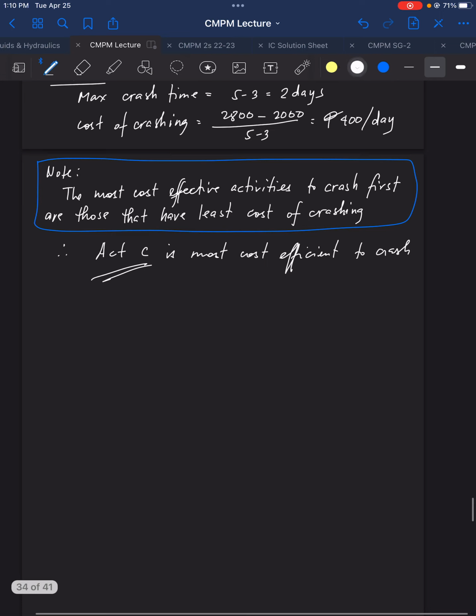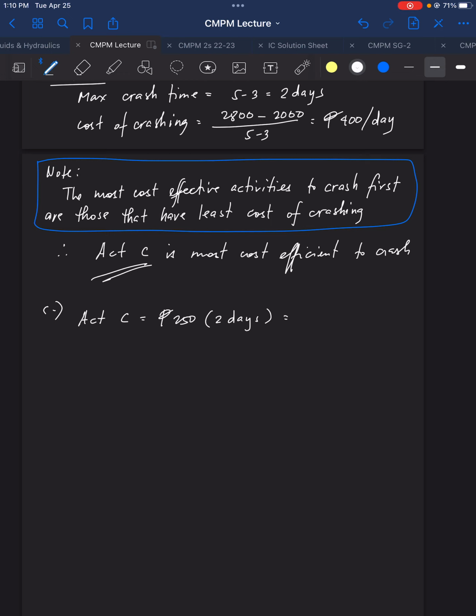So we will have here letter C, the cost to accelerate duration. Activity C is to be crashed first. So that is 250 pesos per day, and we have there 2 days.